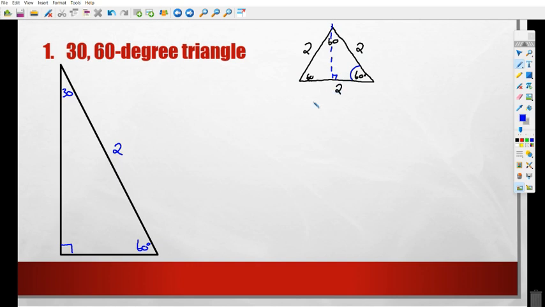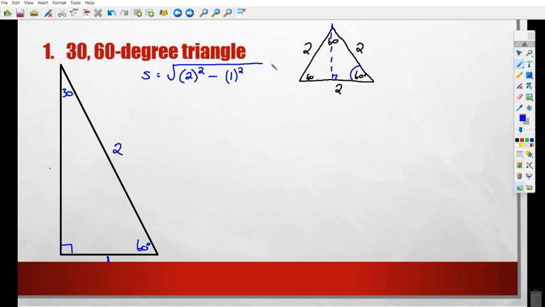What's half of 2? That's 1. How do you think I'm going to find this side over here? I don't know the length of this, so I can just use Pythagoras. Let's call it side. We're going to take the square root of the hypotenuse squared minus the other side squared.